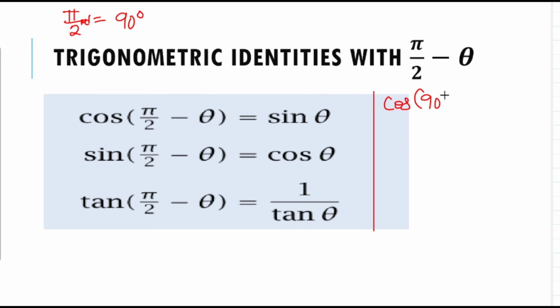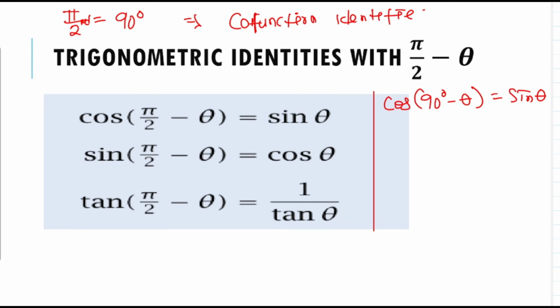Therefore cos of 90 minus theta equals sine theta. They use the principle of complementary angles, and they are also called co-function identities.